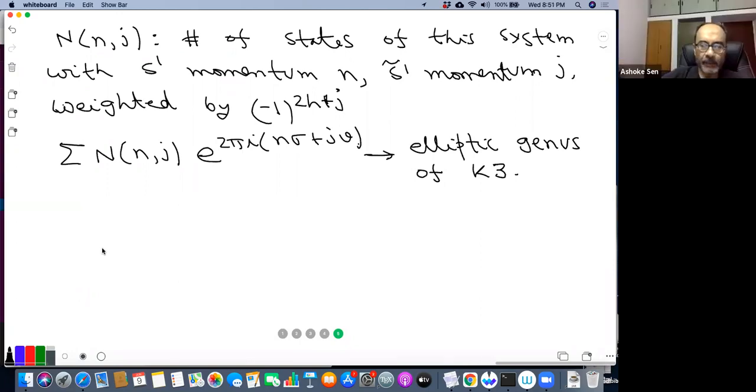Okay, so this quantity is known. I'll write down the answer for this. There are various ways of calculating this, but I think the most straightforward way is that because it's topological, you can go to the orbifold limit of K3 and just use the standard orbifold technique to calculate the spectrum, and from there you can calculate this. But the result for this is given by this quantity.